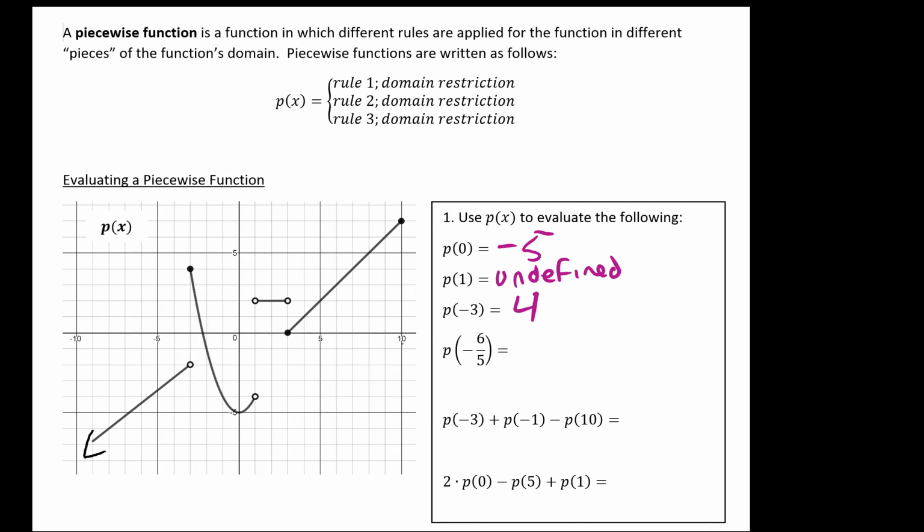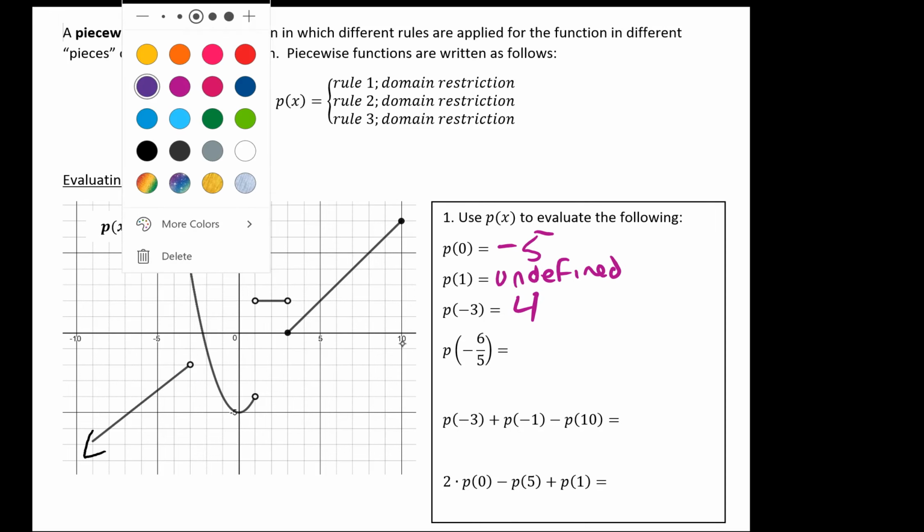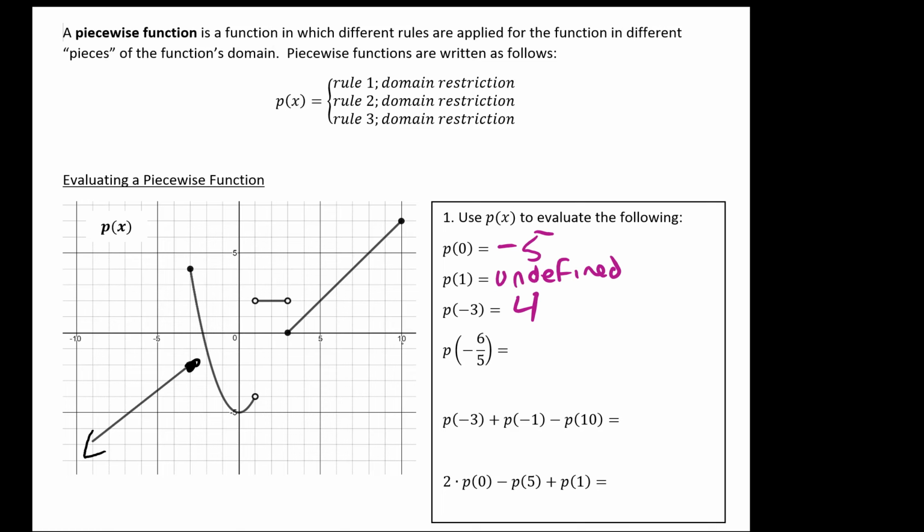Will you ever have 2 closed points? Is that something you guys should expect? No? Why not? Here's the hint. These are piecewise functions, right? So why can't I have 2 closed points? Because then it wouldn't be a function.